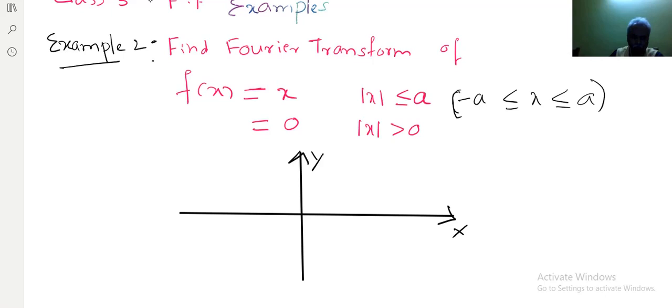I mark minus a here, and this is the plus a line.